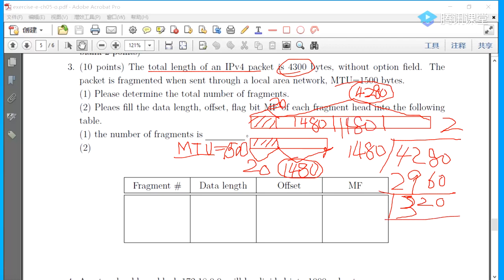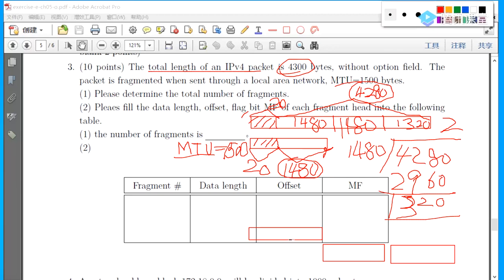And the remainder is 1,320, right? So we can get this segment. We can get 3 segments.